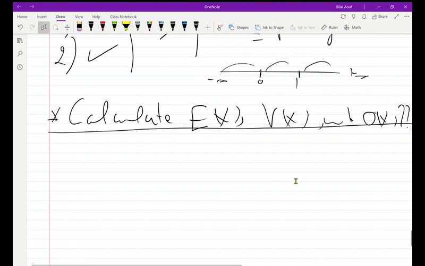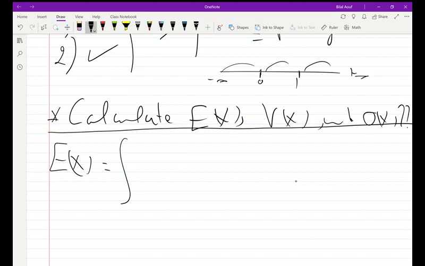The formula of E of X is the integral between minus infinity and plus infinity of x f of x dx. So I do here the same work as before.